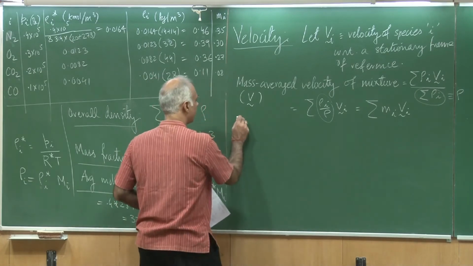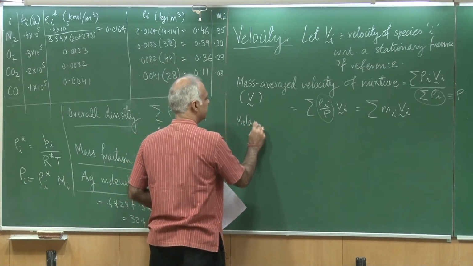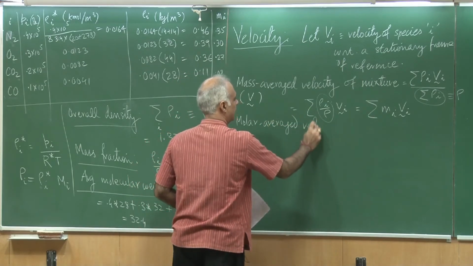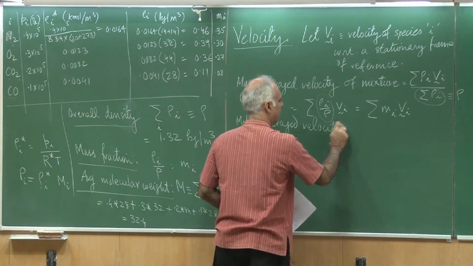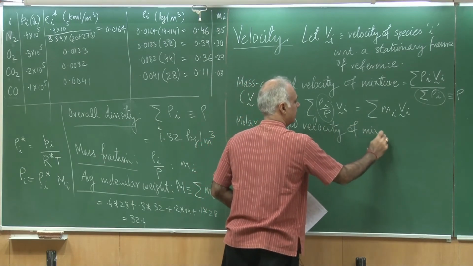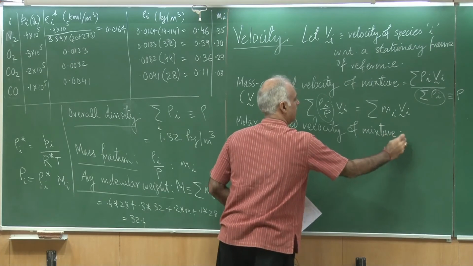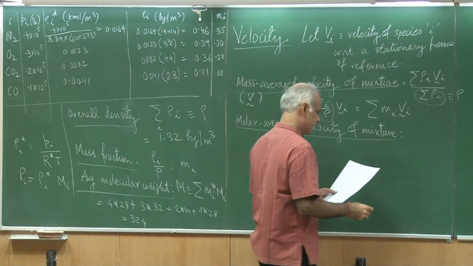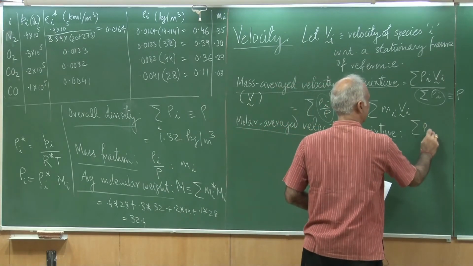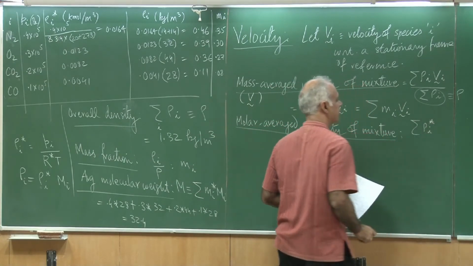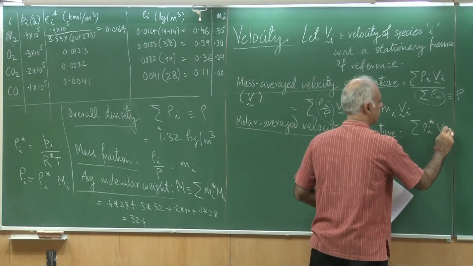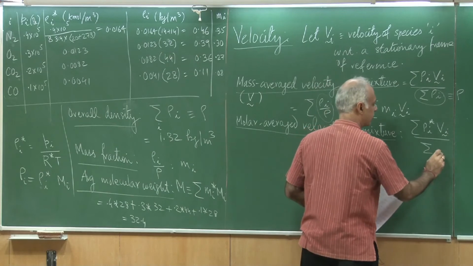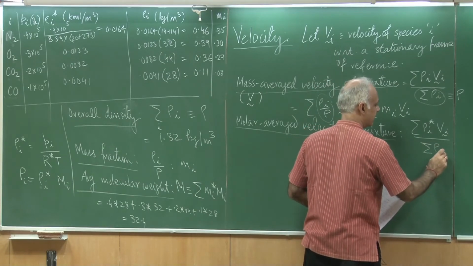Likewise, I can talk about the molar averaged velocity of the mixture, and this is given as summation rho I star. So this is the molar density times the velocity, and this of course has to be now normalized with the total molar density of the mixture.